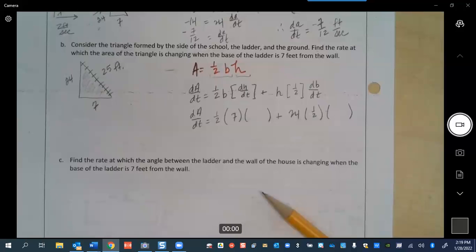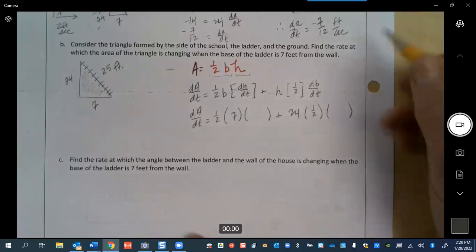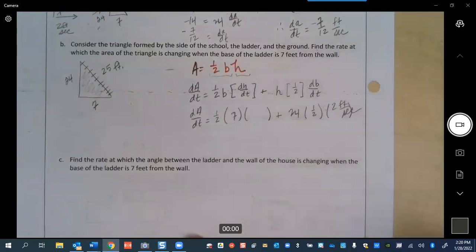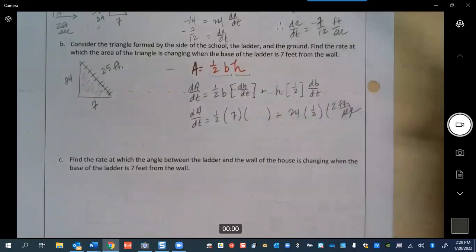So I know my base is 7. And I know my height is 24. If I'm looking for the rate of change of the area, where do I get dH/dt? And where do I get dB/dt? Yeah, dB/dt is 2 feet per second. So I can fill that in, 2 feet per second. Where do I get dH/dt?